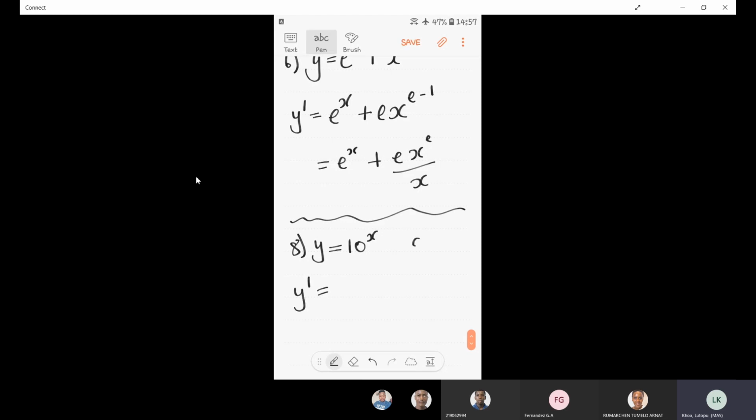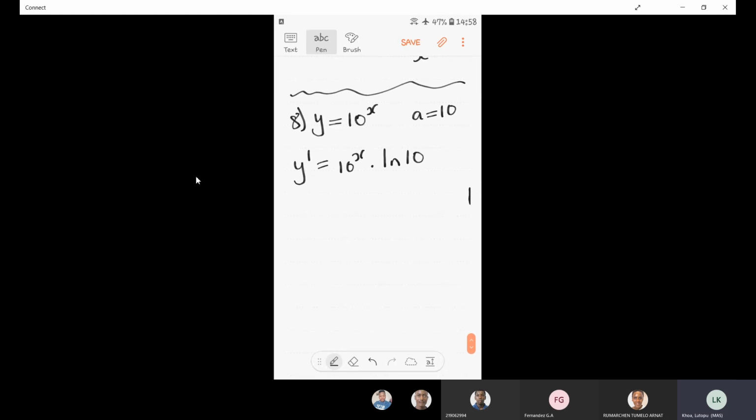Now in this case, from your table here, a is equal to 10. So just substitute a into the column of the derivative. So y prime, this is just 10 to the power of x times ln of a, which is 10. Okay, just like that.